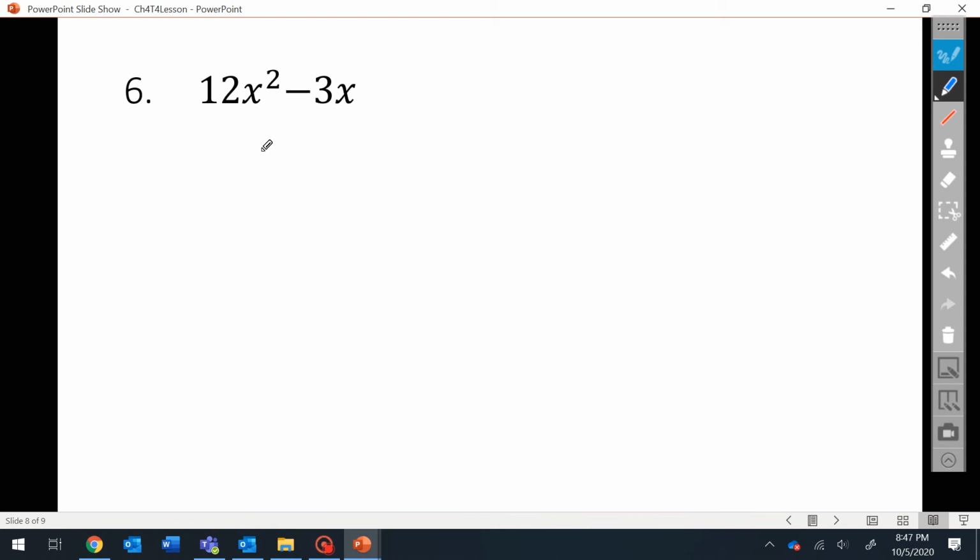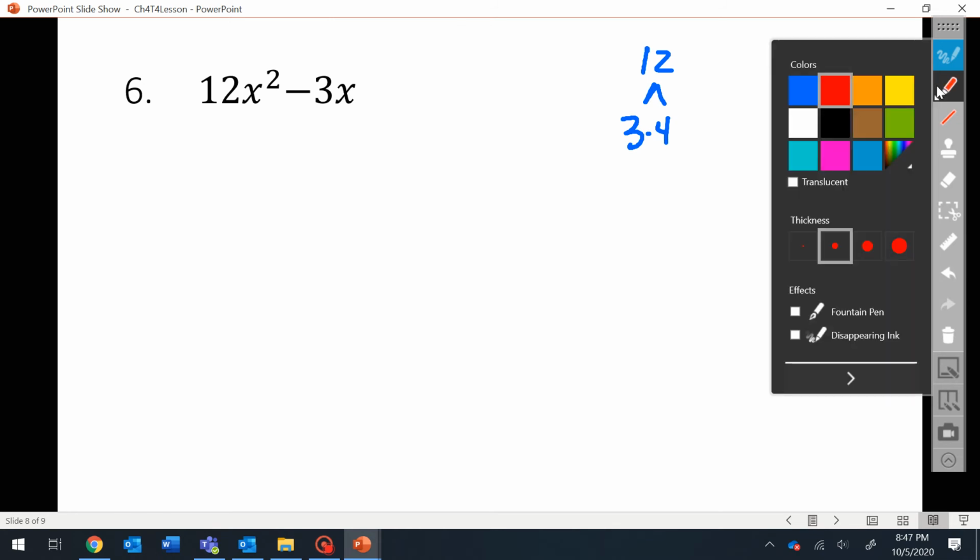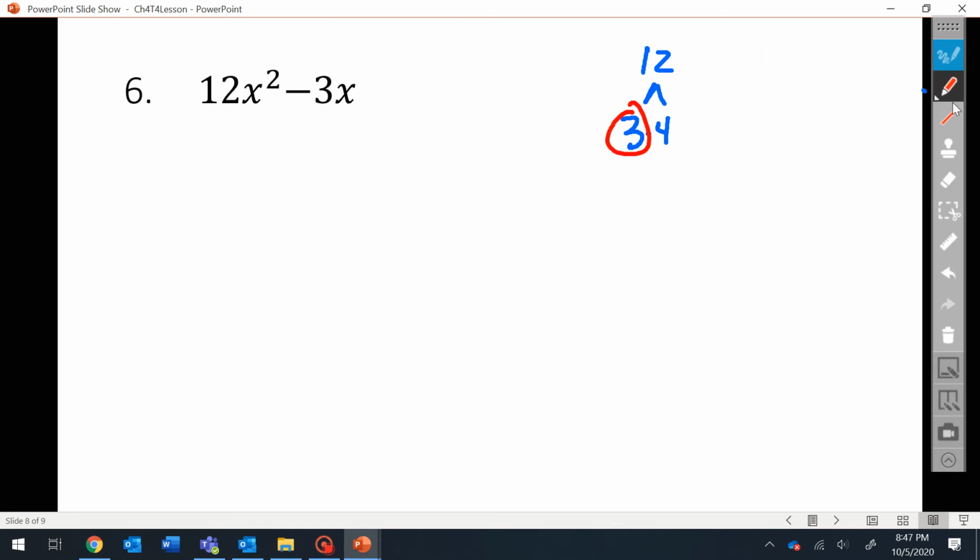All right, so 12, we may need to use the tree to break down 12. It breaks down into 3 times 4. We can circle 3, but 4 needs to be broken down some more into 2 times 2. And then those can be circled. So 12 breaks down into 3 times 2 times 2, and x squared breaks down into x times x.